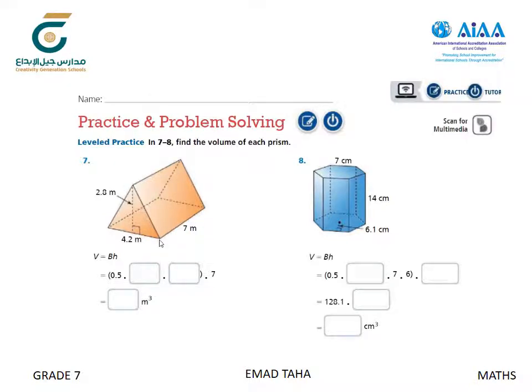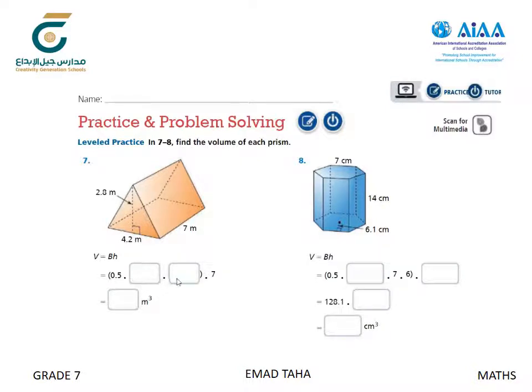What is the area of a triangle? The area of a triangle equals half times base times height. So the area of the base equals half times base times height. What is the base here? 4.2, times height 2.8.